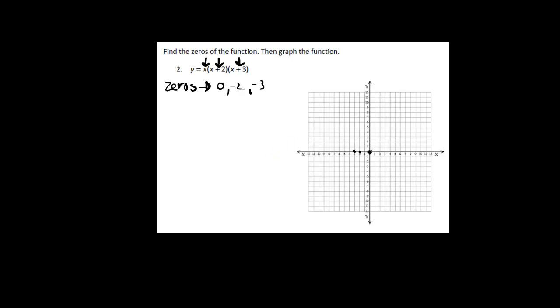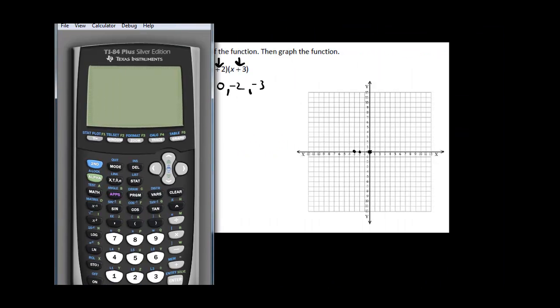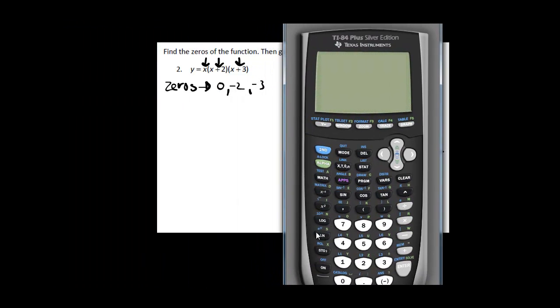Now, in order to get additional points, what we can do is graph this. So it's going to be x times x plus 2 times x plus 3. We're just going to go straight to second table just to get some additional points.